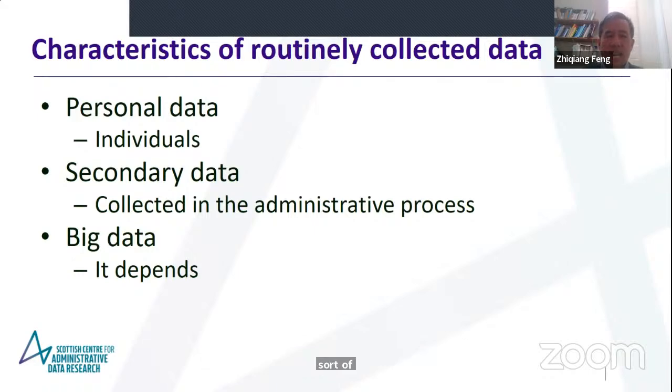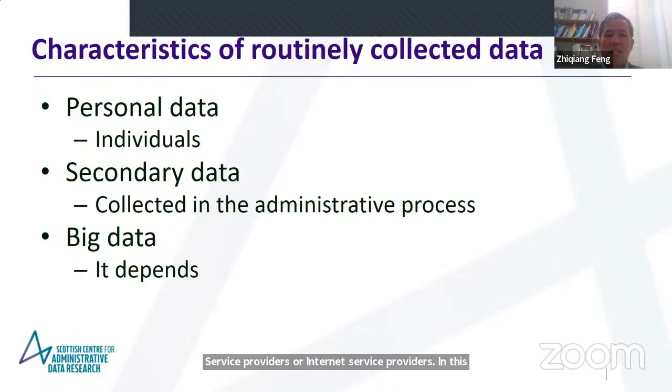So for example, if you use a mobile phone or the internet, your data will be collected by the mobile phone service providers or internet service providers. In this case, for routinely collected data, your data is normally automatically collected by government agencies or maybe private agencies.